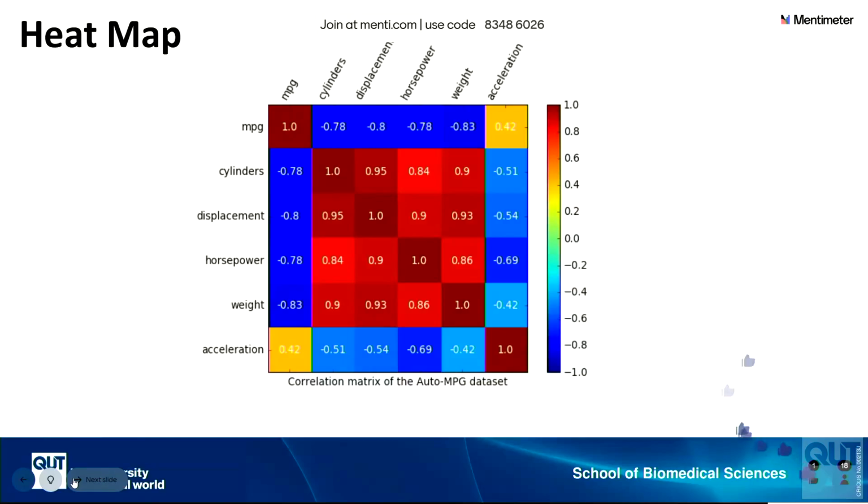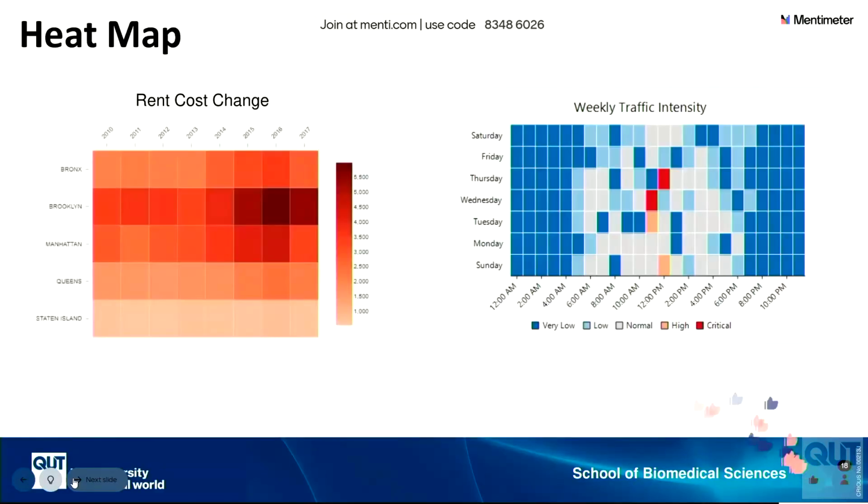I'm showing you different plots for showing a whole bunch of data at once, in case you haven't picked up on the theme. But heat maps don't just have to be used like this. They can also be used in many different ways as well. So for instance, if you're looking at the cost of rent and how it changes, you might have your different areas and then different years, and then the color might represent how much things cost.